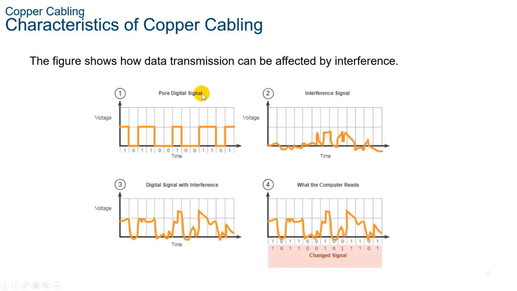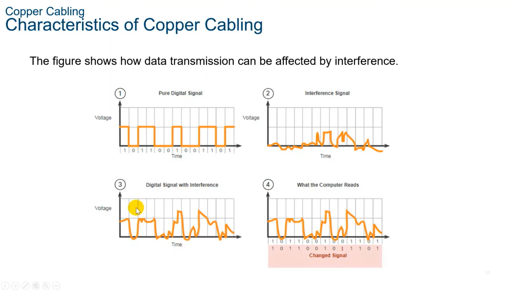All right. The figure shows how data transmission can be affected by interference. In the first diagram, a pure digital signal is transmitted. This is how it looks. Then on the medium, there is an interference signal, so your signal gets distorted.